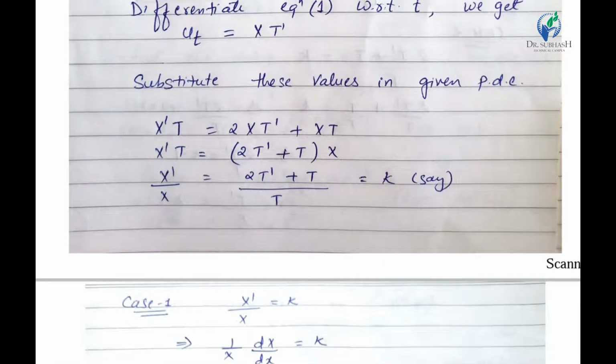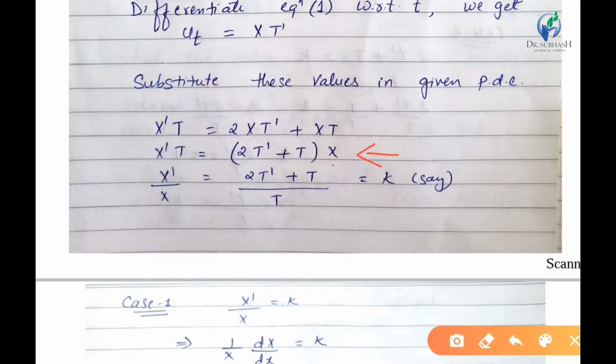Now our next step is to separate the variables. That is, we will keep X terms on one side and T terms on the other side. So we take X common here. Now in the next step, we separate the variables.